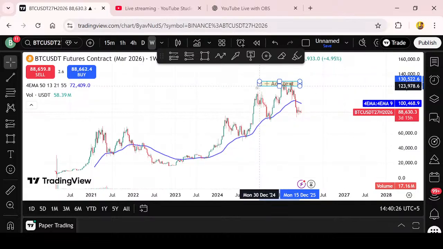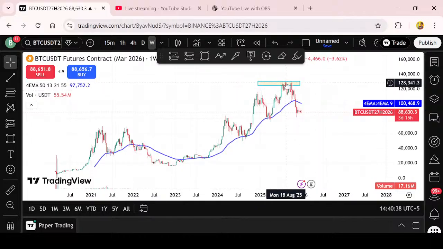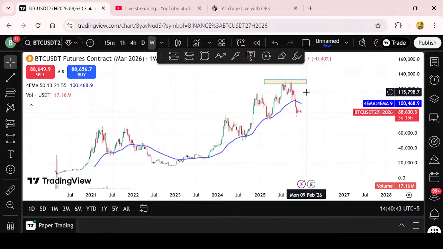Okay, here is our weekly spot. I can write, yeah, this is our weekly spot resistance.